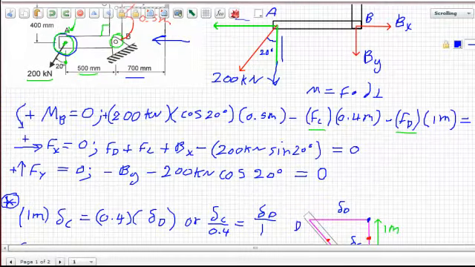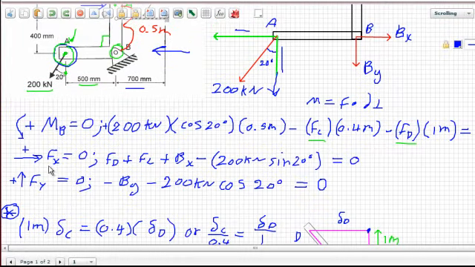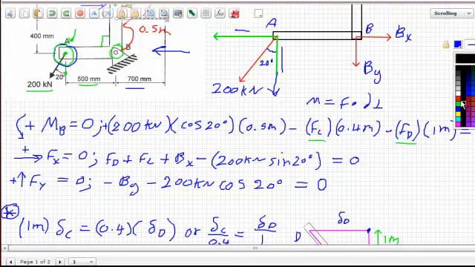So this is where the Fx and Fy formulas, or the sum of forces in the x and y direction, come in handy, because we do need to figure out what Bx and By is. So we can go ahead and figure out what By is, because there's only one unknown in this equation. And let me write it in a different color.